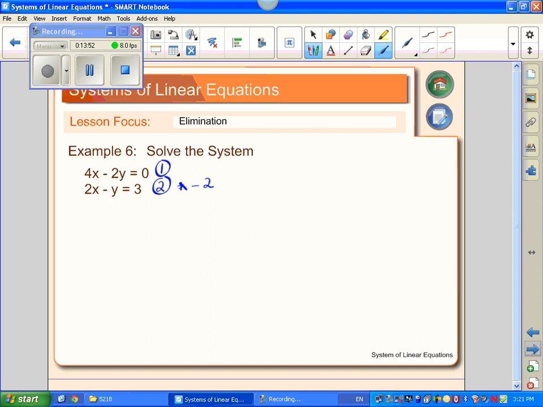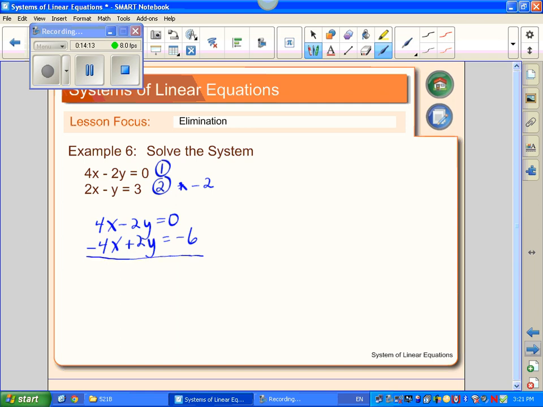That's going to do a sign change as well as change those numbers, so then I'm going to have them the same. So this would give me 4x minus 2y equals 0. And my second equation would give me negative 4x plus 2y is equal to negative 6.